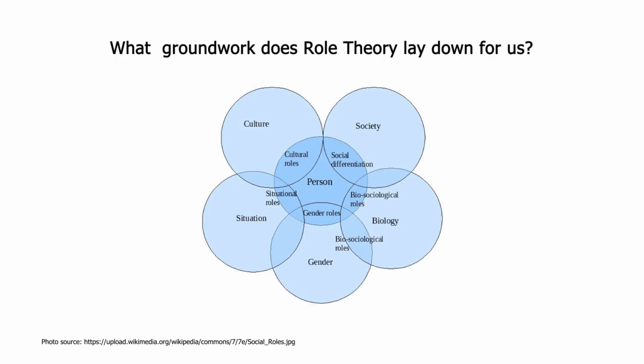Firstly, at the core of social roles, expectations, conflict, or even strain is the individual or person. This is visible in the picture which is given on the slide. At the center lies the person.